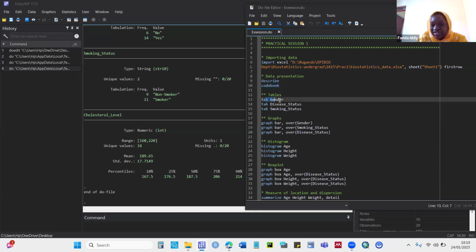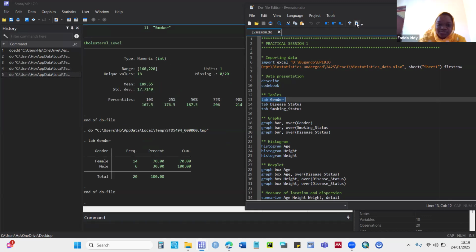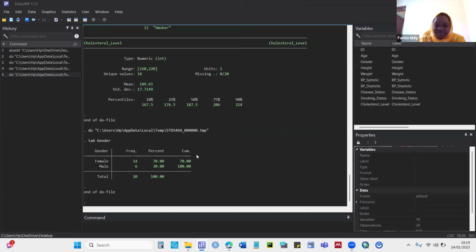If you want to determine a frequency, for example, how many are females and how many are males, and what percentage they make up, you write tab gender, and you obtain a table like this. We know that 14 are females and 6 are males, and in percentage, females are 70% and males are 30%.